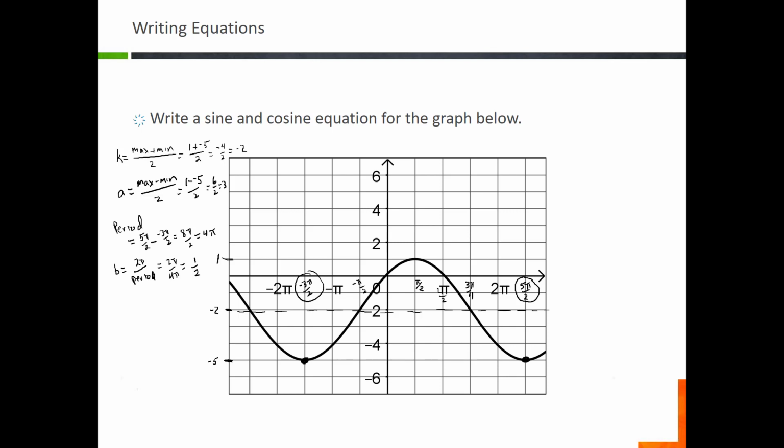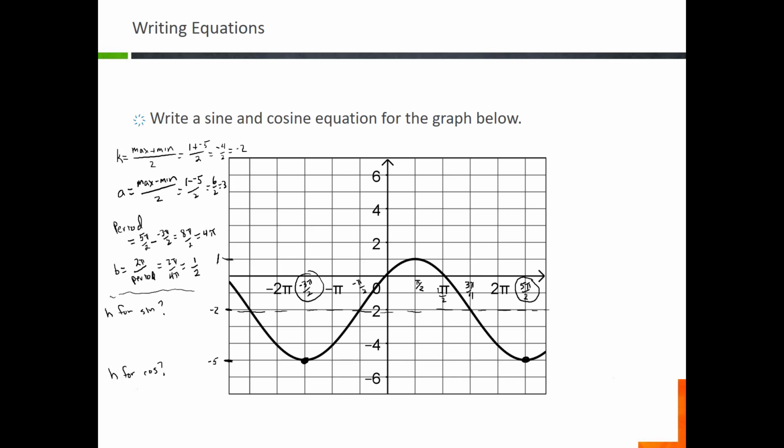And so h is where things change a little bit for us, because we can talk about h for sine, and we can also talk about h for cosine. So remember for sine, where did the graph start? The graph should start in the middle of the box.